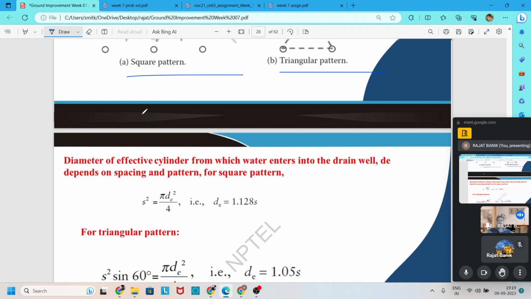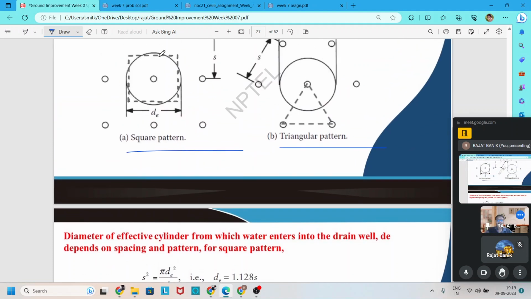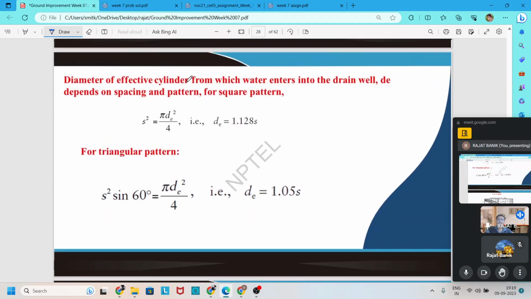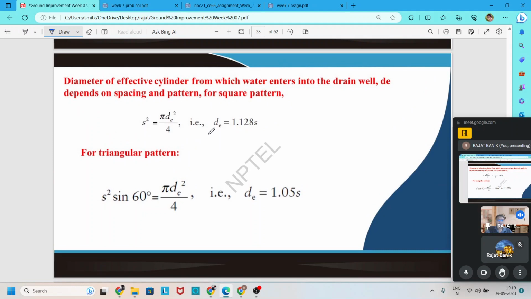After we convert the square pattern into an equivalent circle, the influence circle diameter, as already calculated previously, is equal to 1.128 into s, where s is the spacing in between the drains.